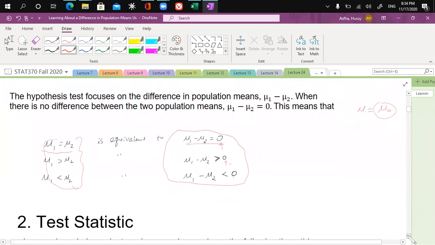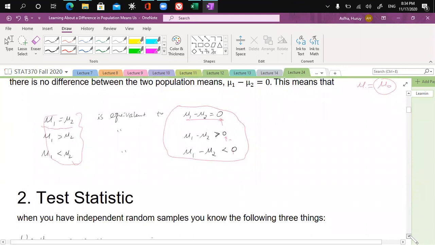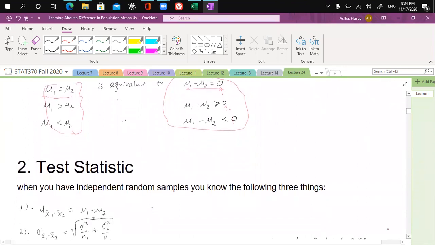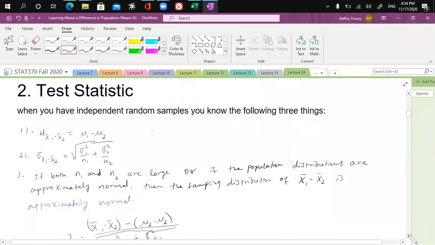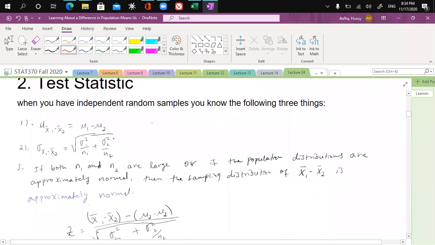All right, and the next step is to figure out the test statistic for this kind of test. So when we have two independent samples, sample 1 and sample 2, what we already know is, one, the mean, as we mentioned earlier.